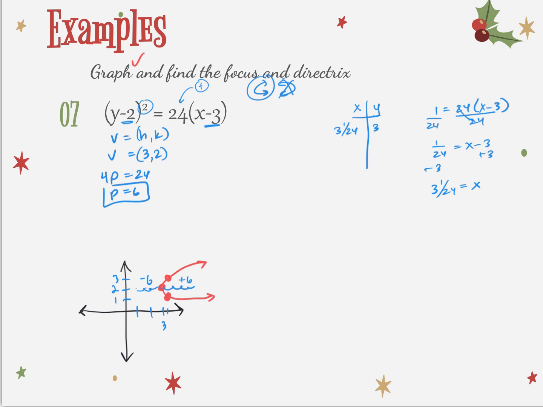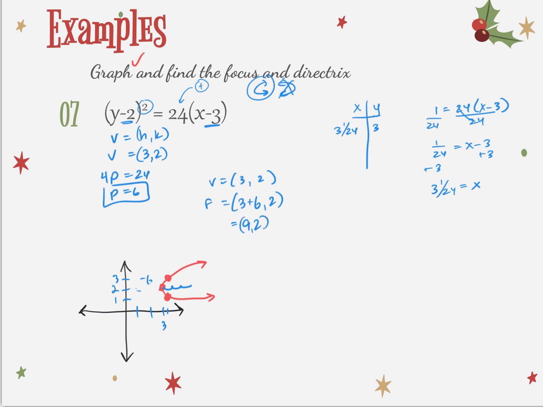So how do I do that mathematically? Well, let's take our time with that. I know that my vertex right now is located at (3, 2). And I'm going to go 6 units over this way, so what I'm doing is adding 6 units to the x. So my focus is going to be (9, 2).